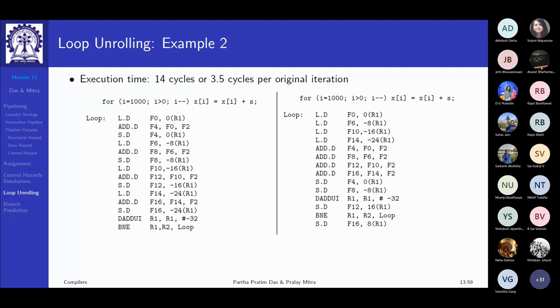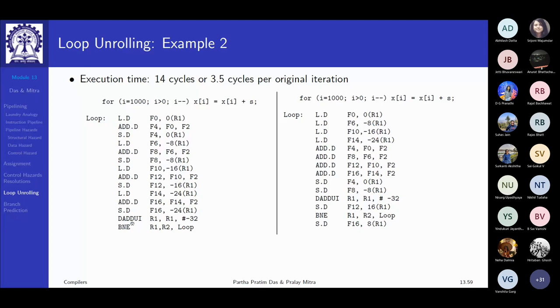Then I need to make sure that I do this adjustment also. I have to change my loop iteration by 32, and based on that the branch will happen. So there is a stall between them. So I need the DADDUI and BNE to be separated because there is a stall hidden here.